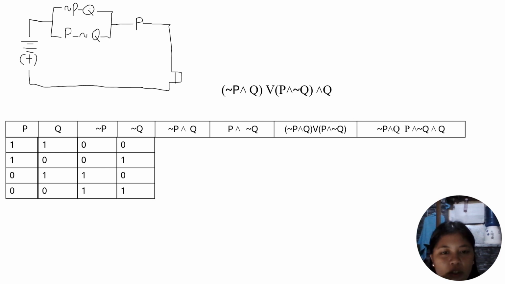Next column we have the negation of P and Q. This is the symbol of conjunction. When we say conjunction, if 1 and 0, the answer is 0.